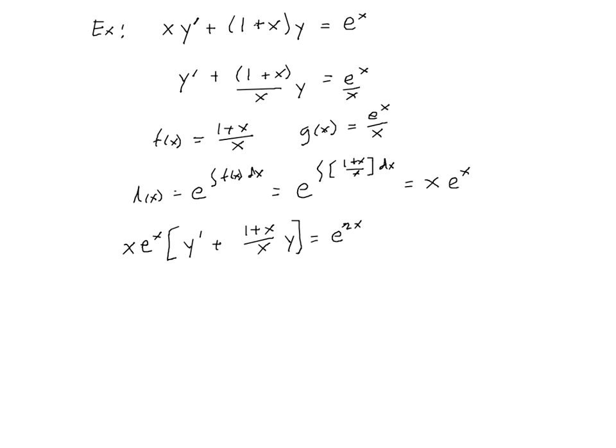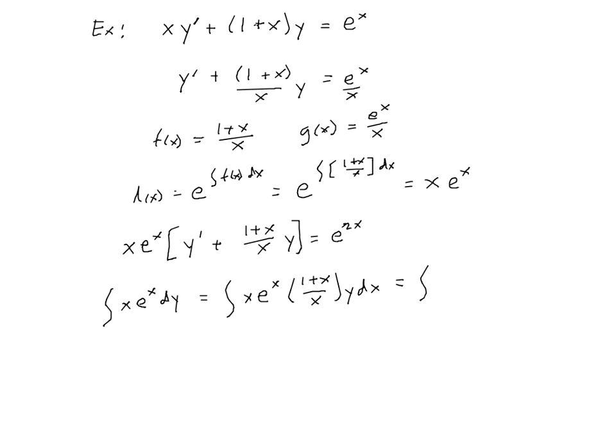Now what you have to do is integrate both sides. So the integral of x e to the x dy is going to give you this first term. And then this is supposed to be equal to the integral of x e to the x times 1 plus x over x, y dx.